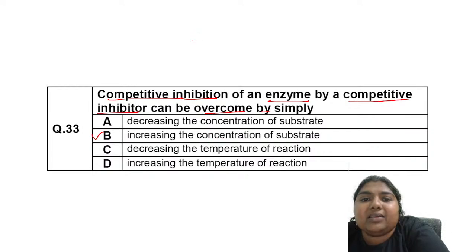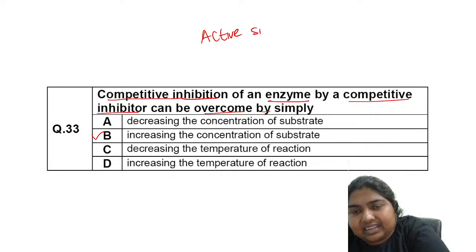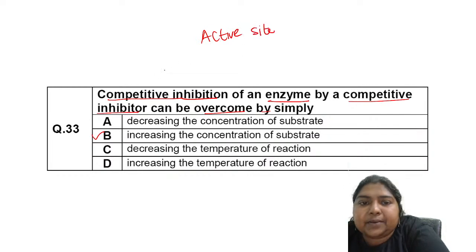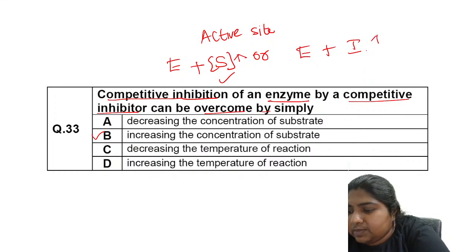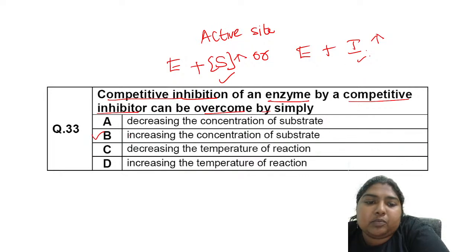So in competitive inhibition, it is fighting at the active site. The enzyme is going to bind with your substrate, or the enzyme is going to bind with the inhibitor. Either or. If this is more, this will win. Correct. Very good. B is going to be the correct answer.